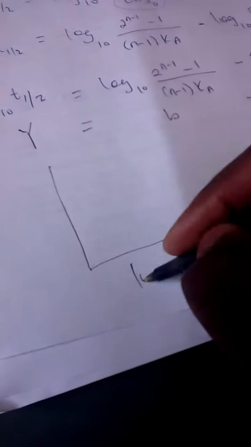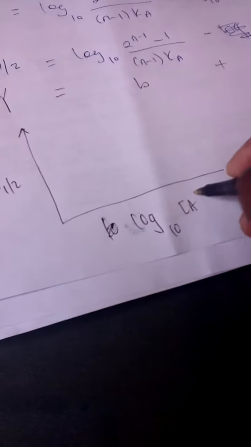Now this resembles something you learn in algebra: y equals mx plus b. If I make a graph with log10 t-half on the y-axis versus log10 A0, the slope of the graph would be 1 minus n.